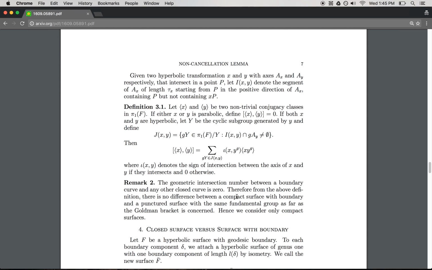If both x and y are hyperbolic, let Y be the cyclic subgroup generated by y and define J of x and y equal to the set of G times Y, which are elements of pi sub 1 of F over Y, which are I of x, y, intersected with G times A sub y, which are not the empty set.